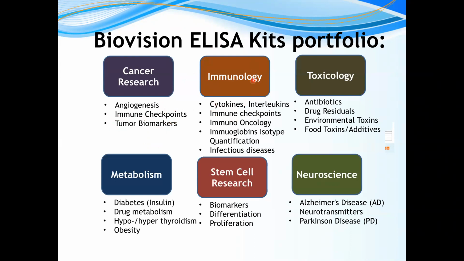We do offer another category of ELISA kits, which is also very similar and includes some more product lines: the traditional ELISA kits for cytokines and interleukins, immune checkpoints, including ELISA kits for immuno-oncology.